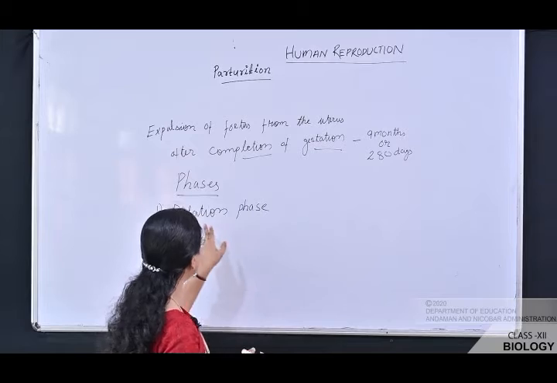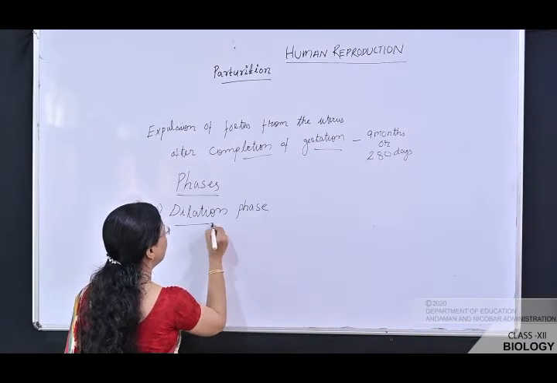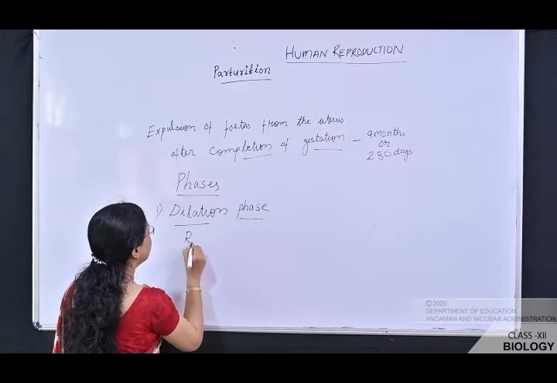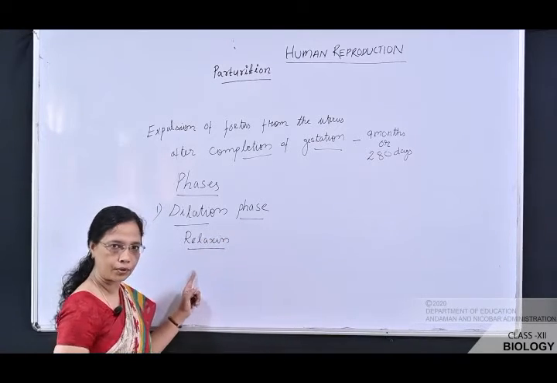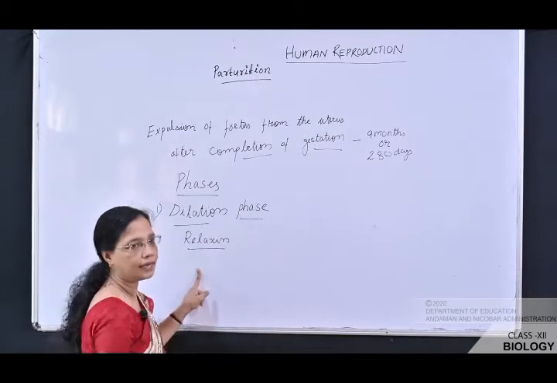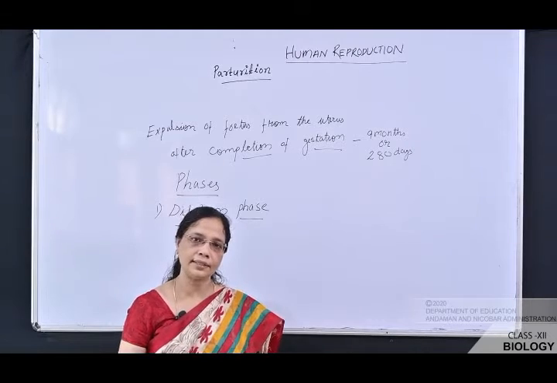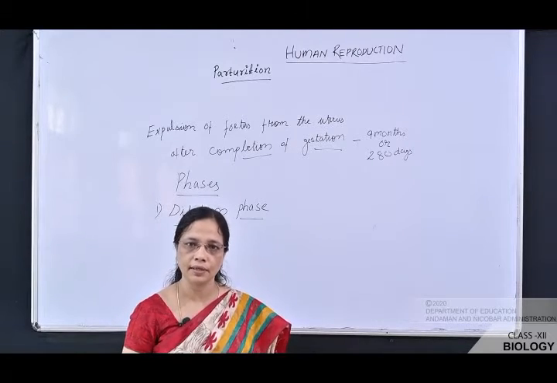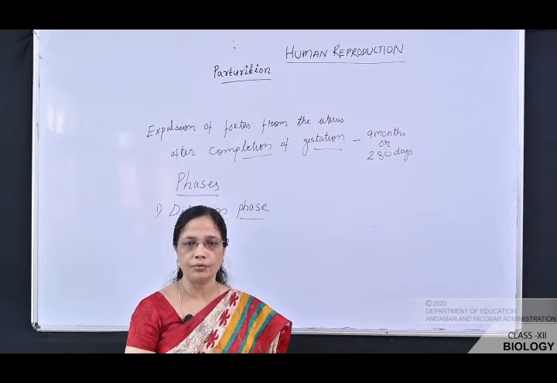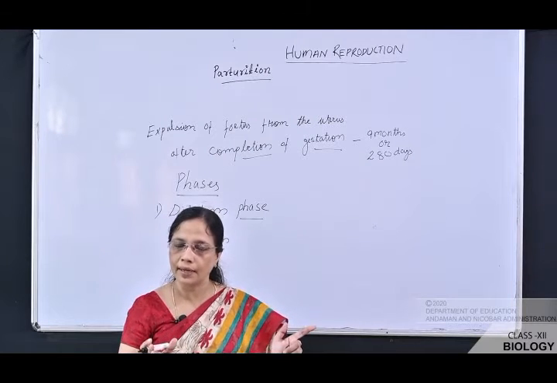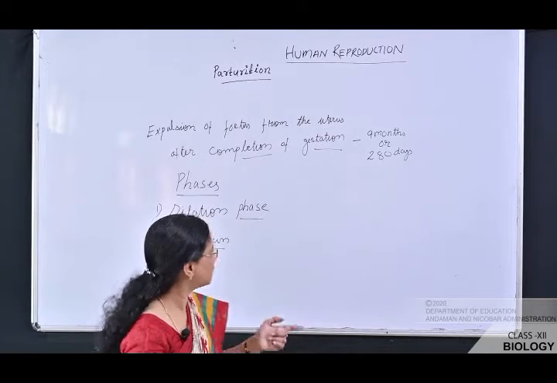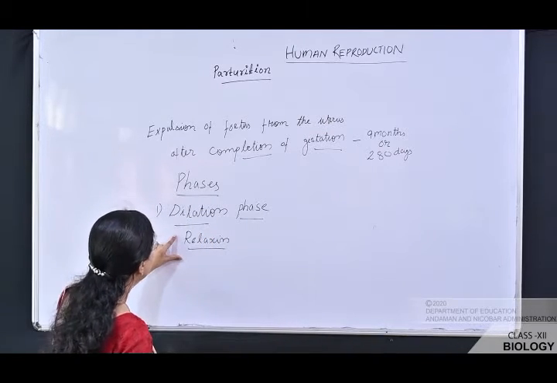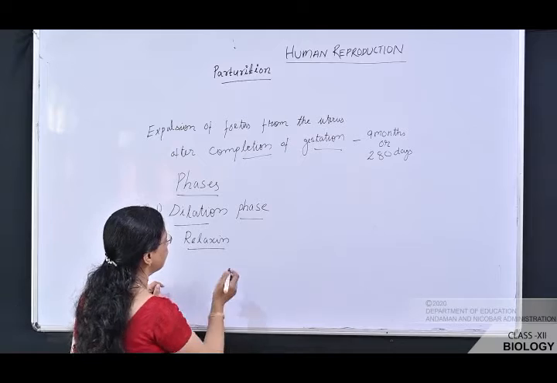That dilation is caused by a hormone called relaxin. Relaxin is a hormone which helps in dilating the cervix. Why is the dilation essential? With the help of the dilation only, the cervix will expand and expulsion of the fetus takes place. Now, where is this relaxin secreted from?